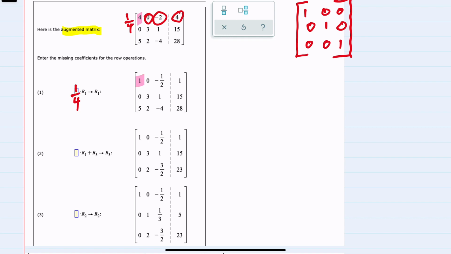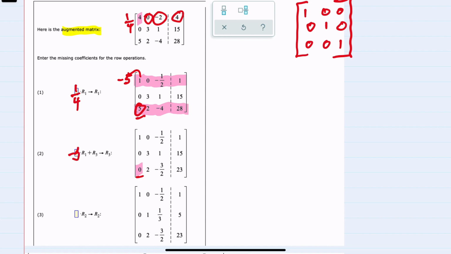In our second step, we have eliminated this third cell, making it a 0. And to do so, we are multiplying this new row 1 and adding it to row 3. In order to cancel this 5, I would have to multiply that row 1 by a -5. So -5 times 1 would be -5 plus that 5 would cancel to 0.